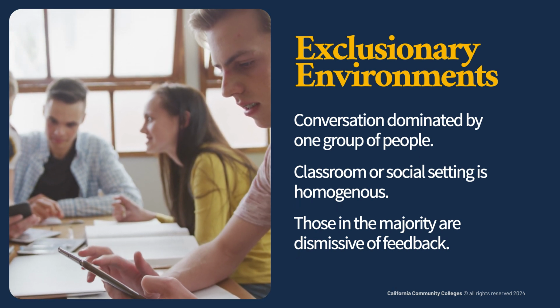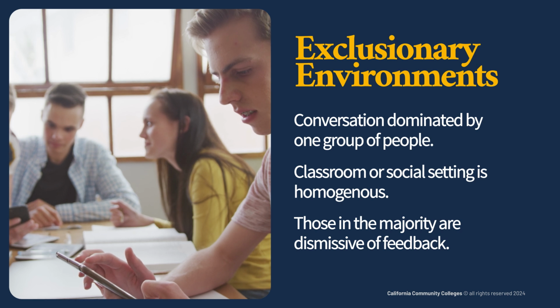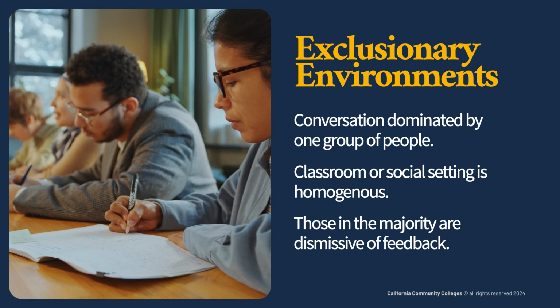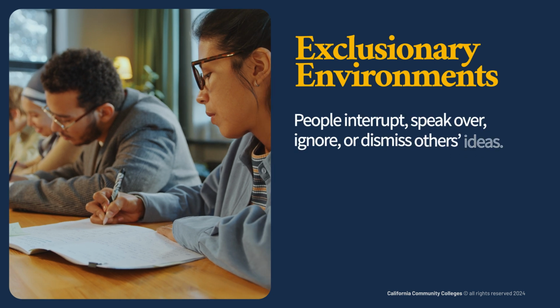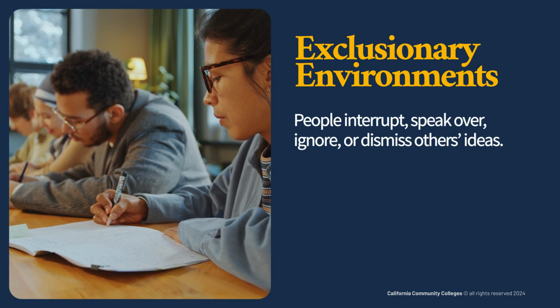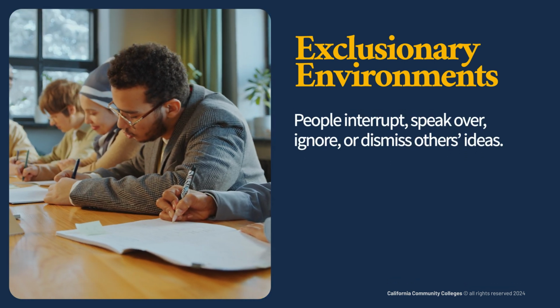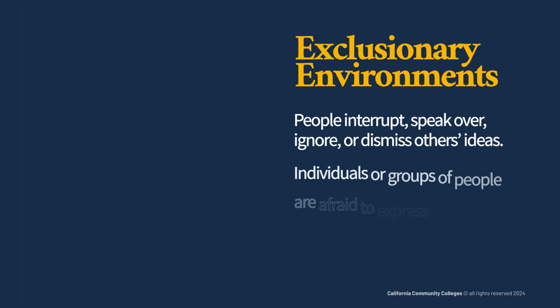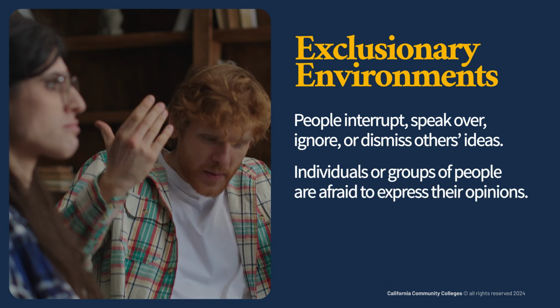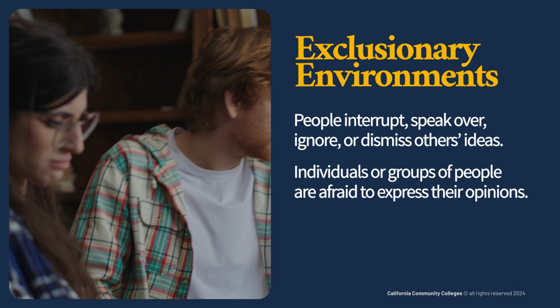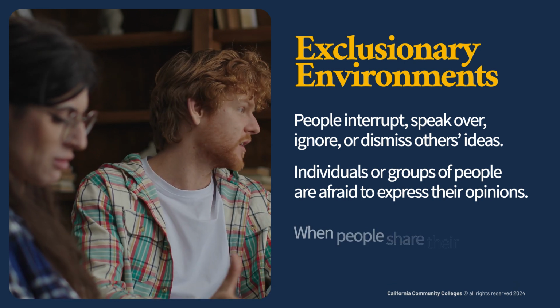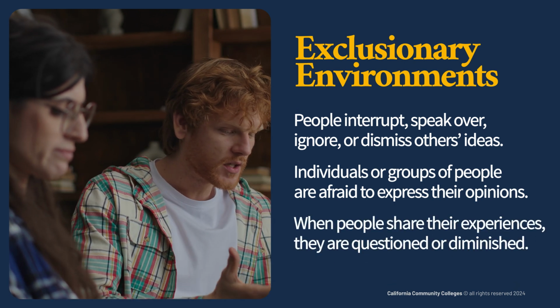Those in the majority demonstrate that they are more concerned with keeping things in the way that benefit them than welcoming others in. People disrupt, speak over, ignore, or dismiss others' ideas. Individuals or groups of people demonstrate fear of expressing their opinions or setting boundaries. When people share their experiences, they are questioned or diminished.